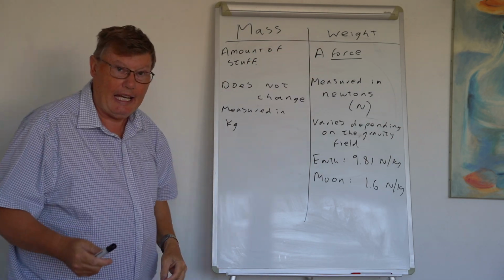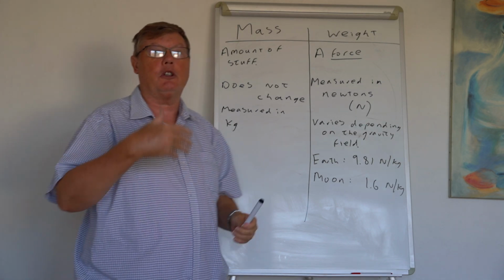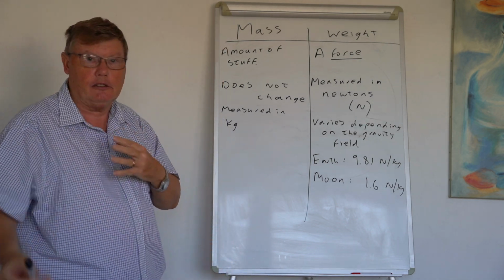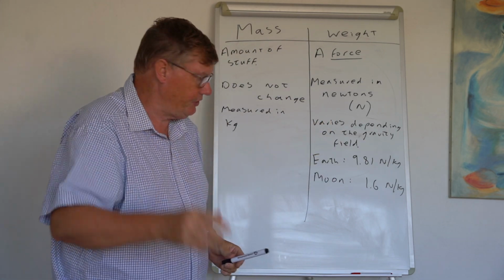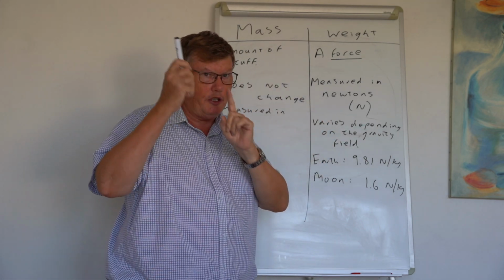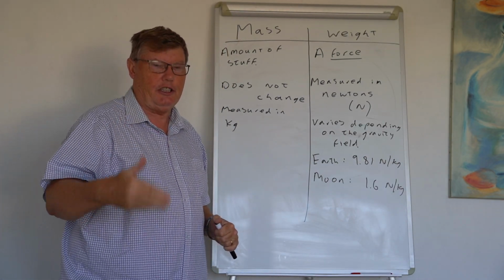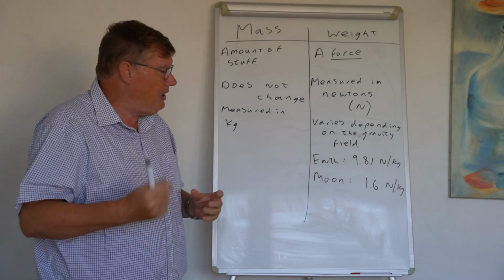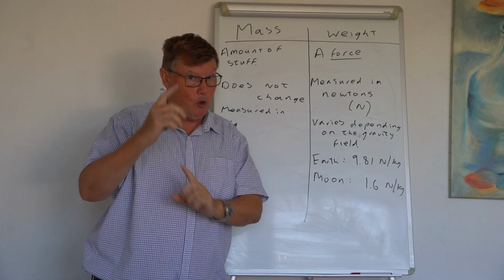Weight, on the other hand, is a force, and that force is due to a gravity field. We'll do fields much later. It is measured in newtons. Quick word on newtons. In science, the name of a person is capitalized. Mr. Newton, Sir Isaac Newton, would be a capital N for his name.